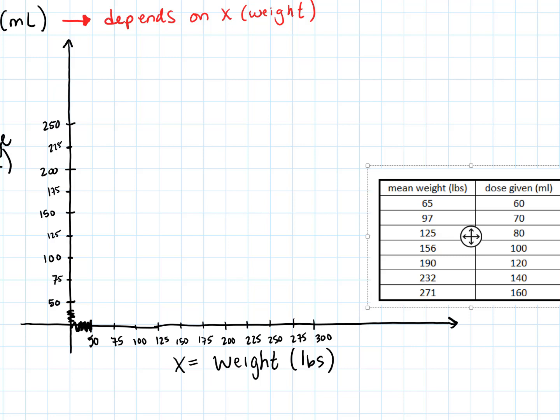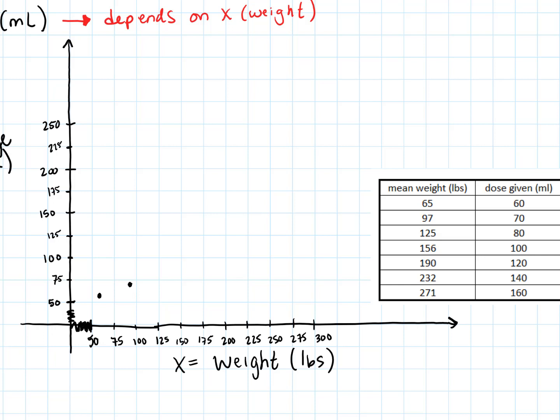So now we're going to plot each of those ordered pairs. Again, not an exact science, we're just going to do as best we can. If we've got 65, 60 is the first ordered pair. On the x-axis, I'm going to go to 65. If this is 50, 55, 60 would be about here, and the dosage for that person would be 60. So that first ordered pair is plotted right about there. The next one is 97 and 70, just a little to the left of 100, a little below 75 on the y-axis.